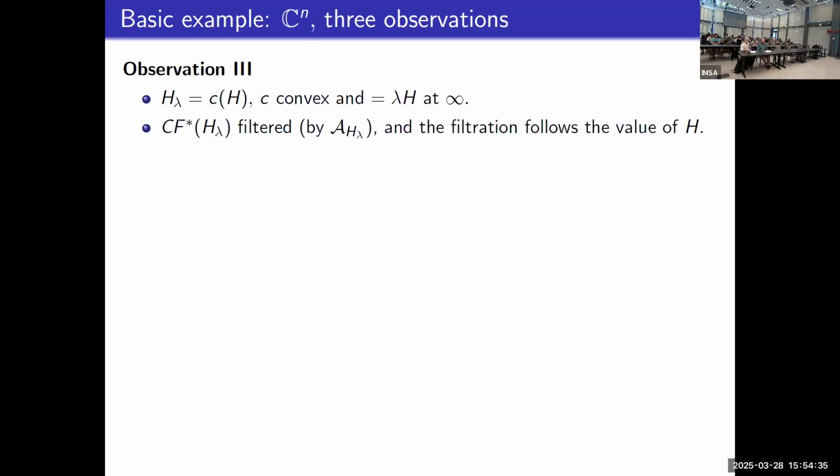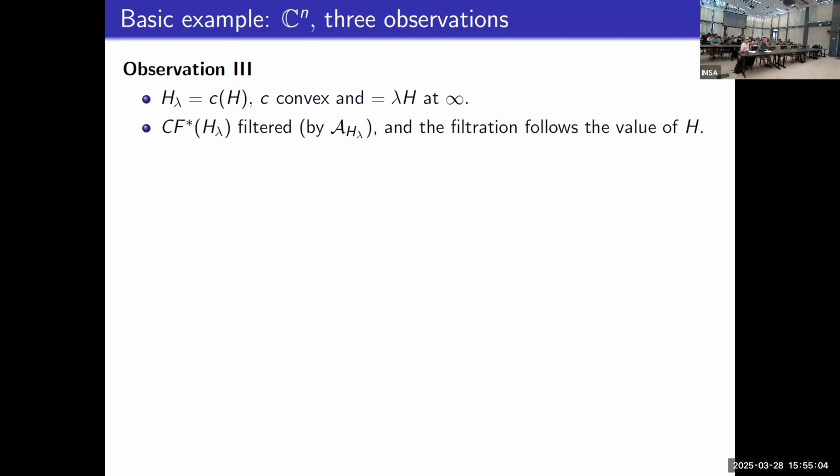So that gives you the natural filtration on your chain complex: along the differential, the value of the action function just gets smaller. Furthermore, this filtration actually follows the value of H, so your filtration of your chain complex is going away from the origin, going to the next level of filtration. But what's the chain complex here?